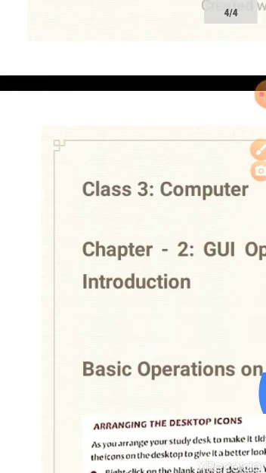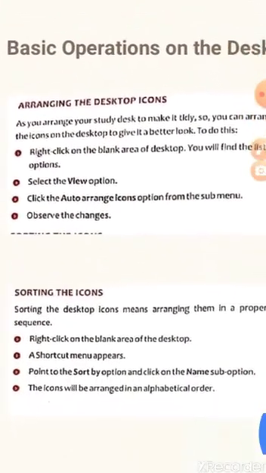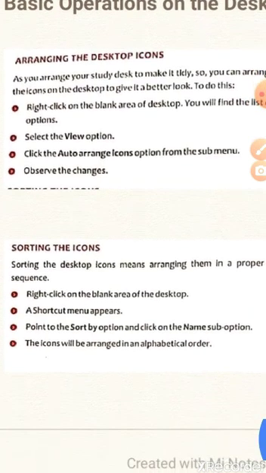We come to the next topic, that is arranging the desktop icons. Now we see there are many images or small icons on the desktop. Sometimes we keep so many things, it looks very congested, means you cannot find things. Like if you keep so many books, copies and pens all around on your table, if it is not properly arranged and kept, it looks so messy, you cannot find things.